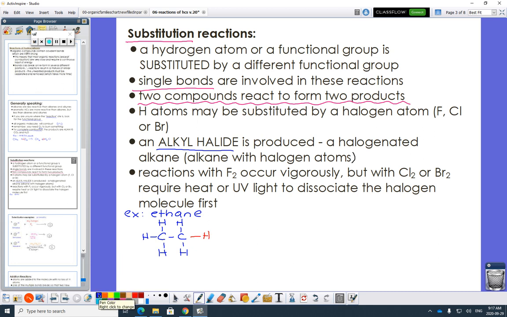But all of these hydrogens are equivalent, okay? So all the H's are equivalent. I just picked this one because it's going to be closest to the F2.